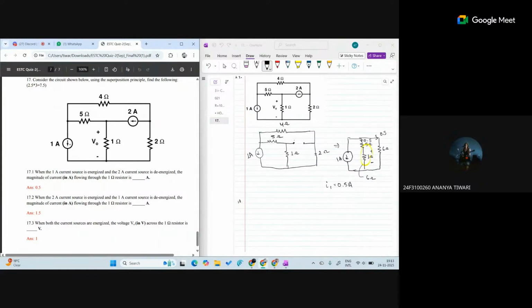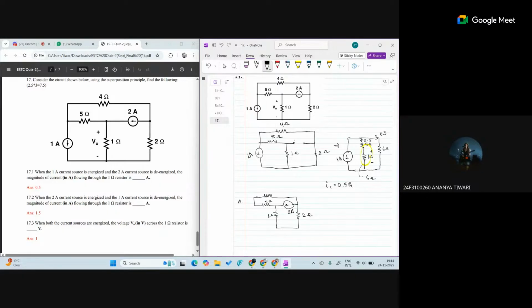So now we have to energize this 2 ampere and de-energize this 1 ampere. So we can draw this. This is 2 ampere. This is 2 ohm, and this is 1 ohm.